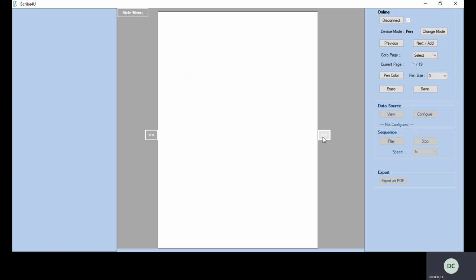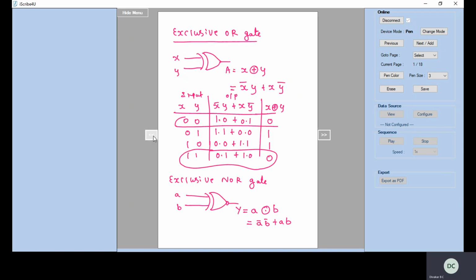Let us construct the truth table. For XNOR, A and B are the inputs. Output is Y is A XNOR B. You can remember easily, the complement of XOR is XNOR.